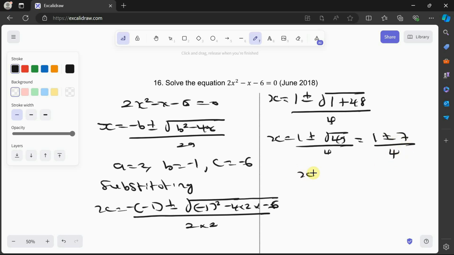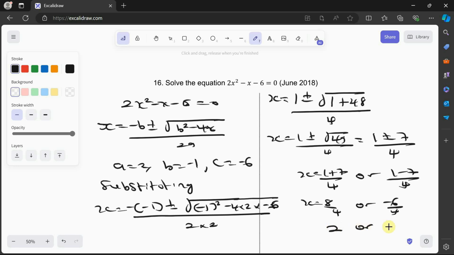Our x will now be equal to 1 plus 7 all over 4 or 1 minus 7 all over 4. So our x could be equal to 8 over 4 or minus 6 over 4. So this is either going to be 2 or minus 3 over 2, or minus 1.5. So these are values for x.